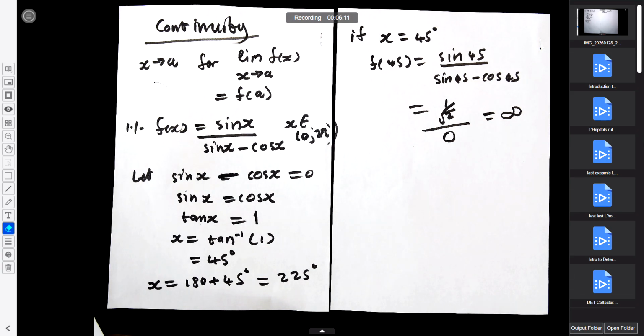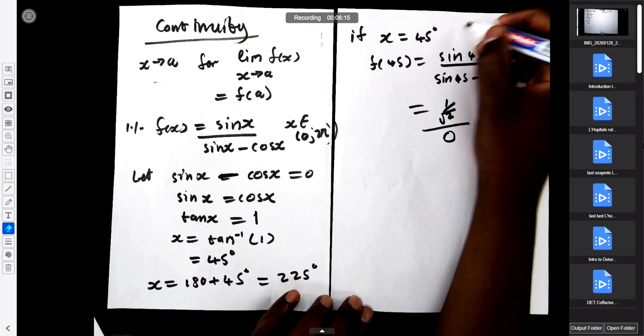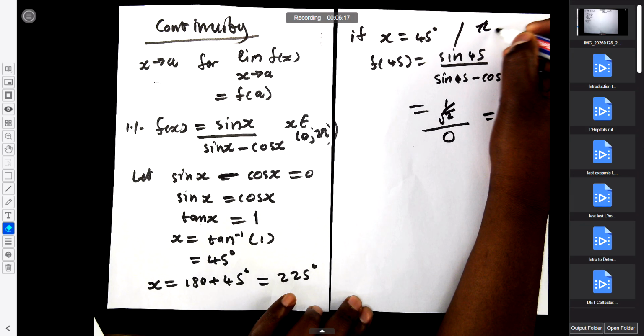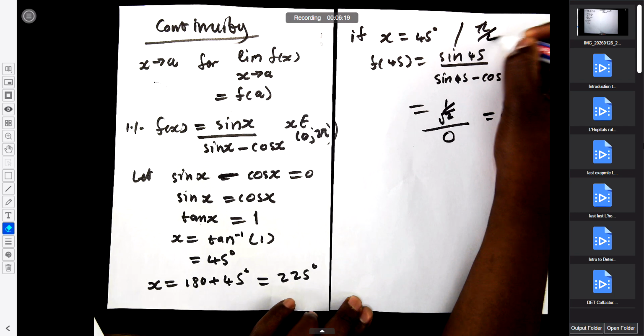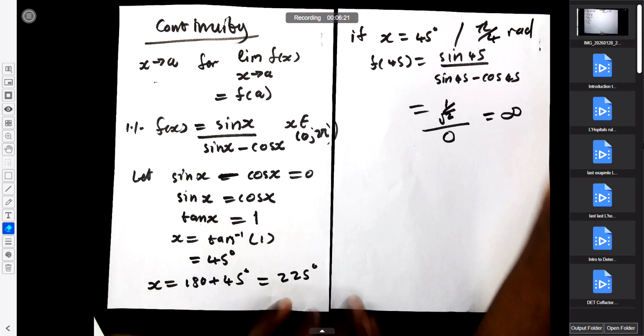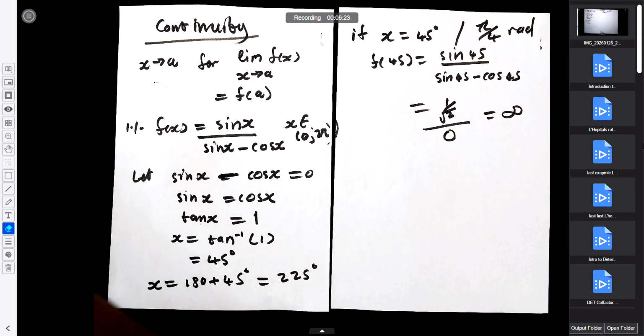So we have pi over 4. That's 45 degrees, so in radians it is pi over 4 radians.